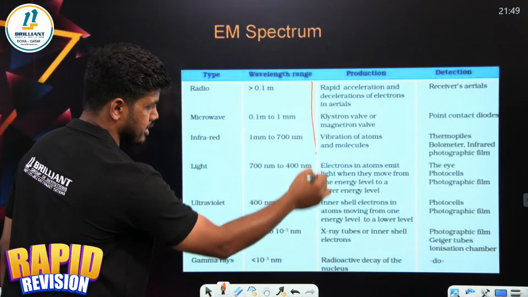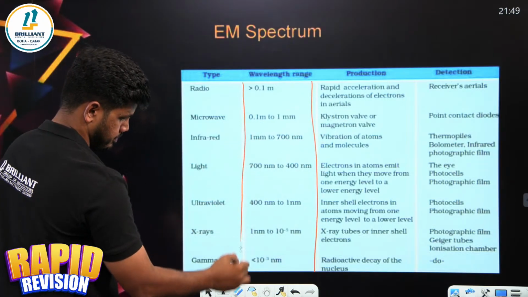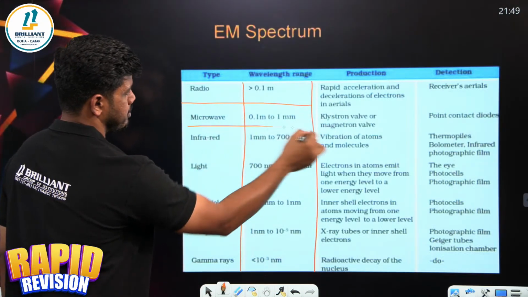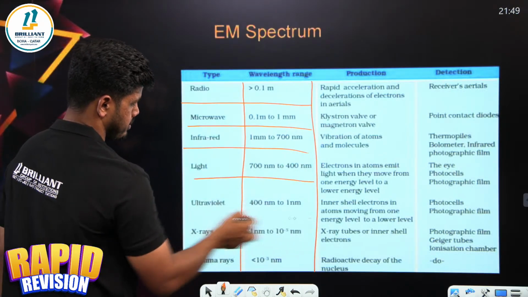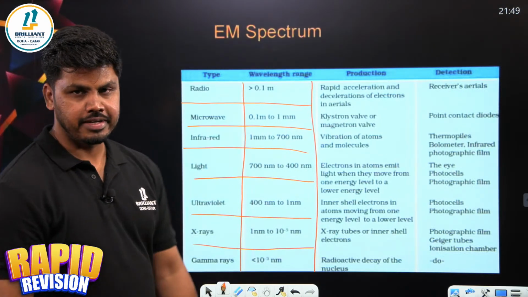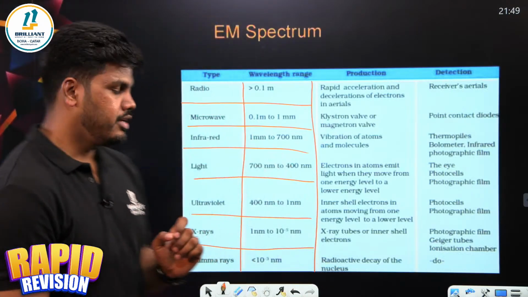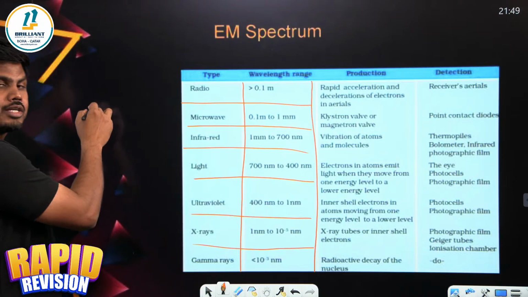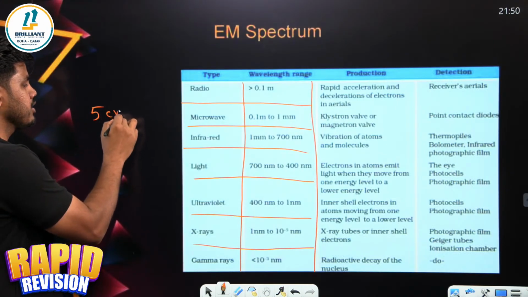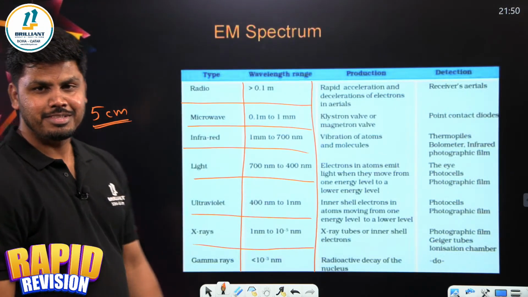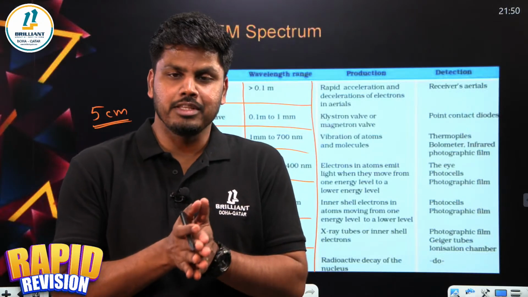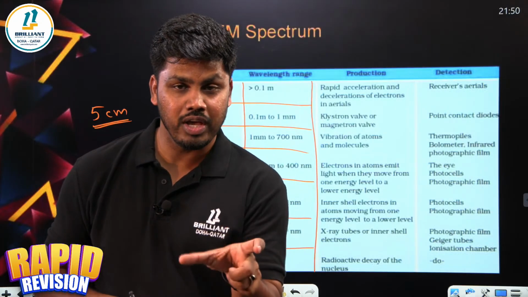Okay. Then, the most important, this is what I told you. These two tables, at least these two columns, you should know this relation. You should know the wavelength range of the electromagnetic spectrum, because you may get a question to write an application of an electromagnetic wave which has a wavelength of 5 centimeter. That is how they ask the question. The wavelength is 5 centimeter, you have to identify the wave.